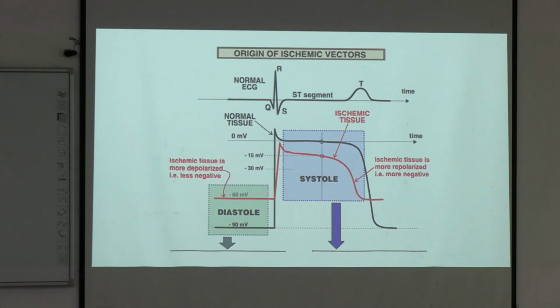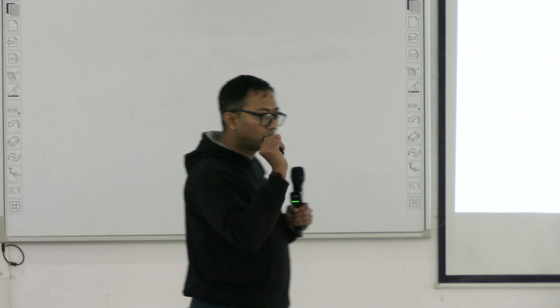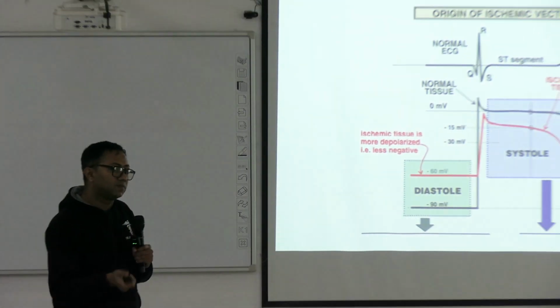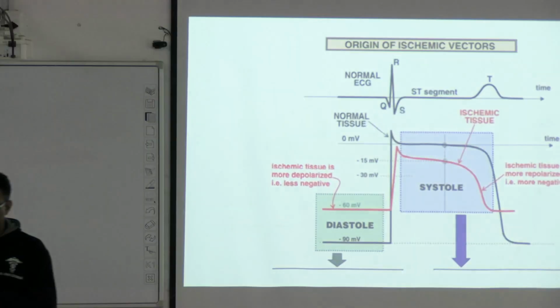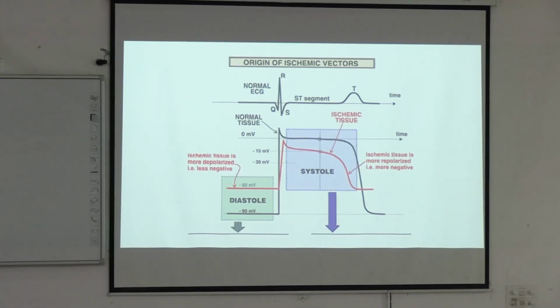Very simple rule of electricity: from positive to negative, electricity will flow, right? So during diastole, the electric vector will flow from ischemic tissue to normal tissue.